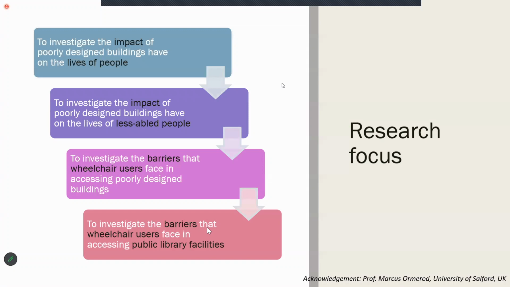Now I'm going to take a small example and explain how you can derive the focus of your study. There can be different ways to get the focus for the study. One might want to narrow it down to a very minor position.